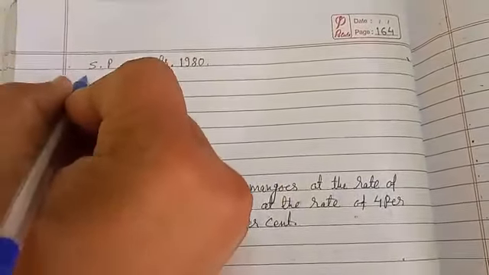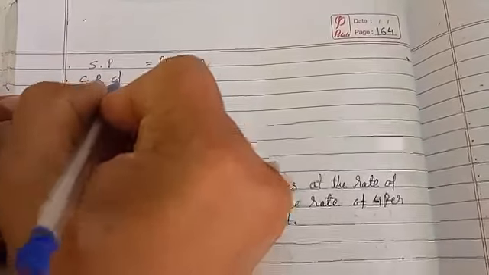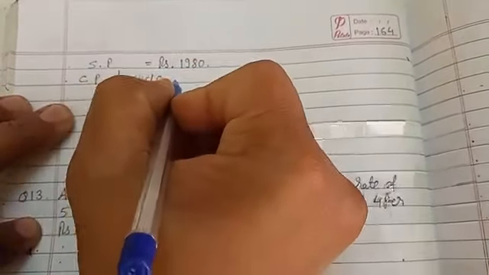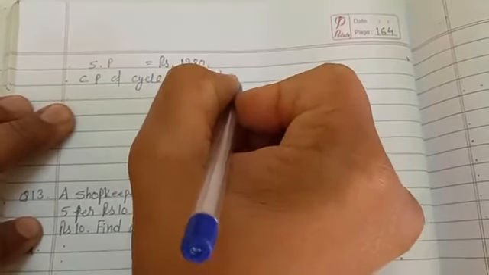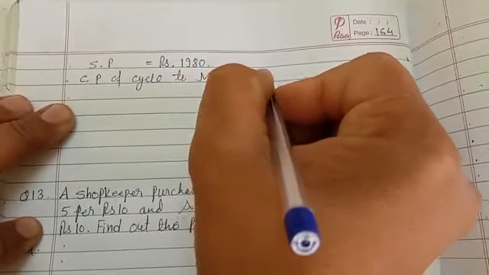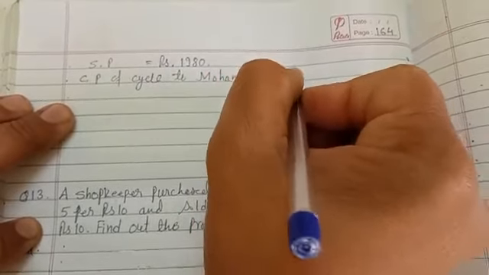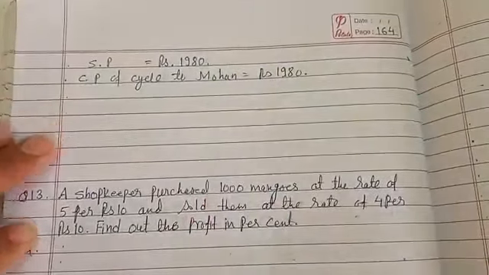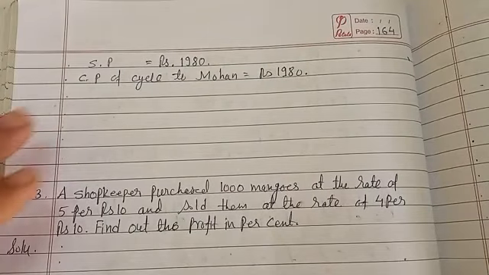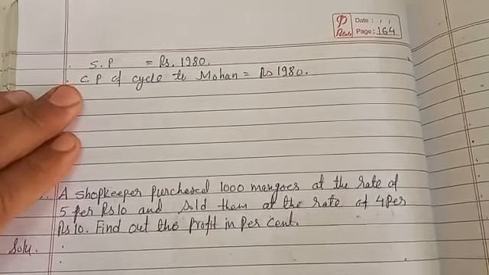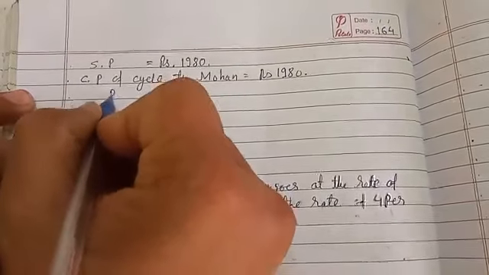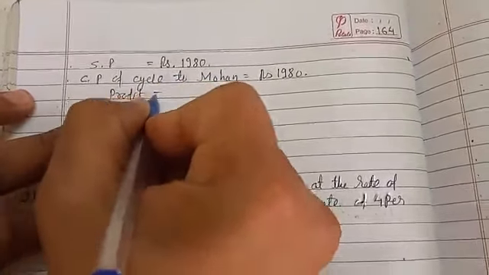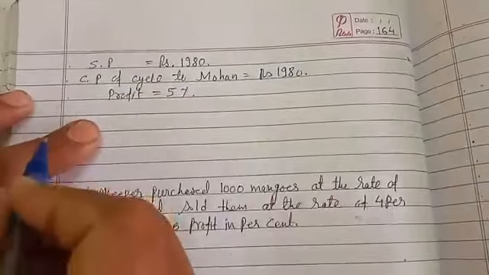Now the cost price of the cycle to the second person, Mohan, is rupees 1980. Now what is the profit? The profit is 5%.